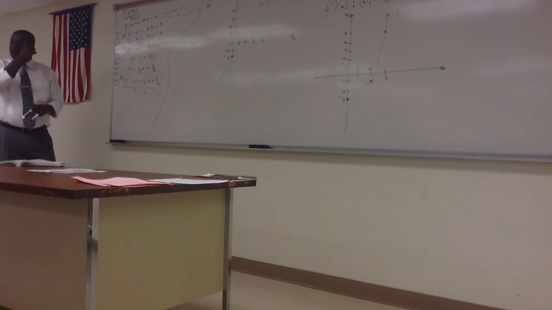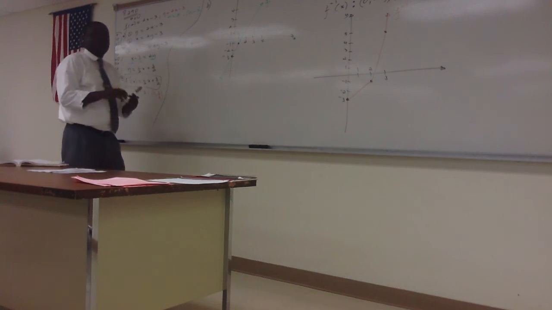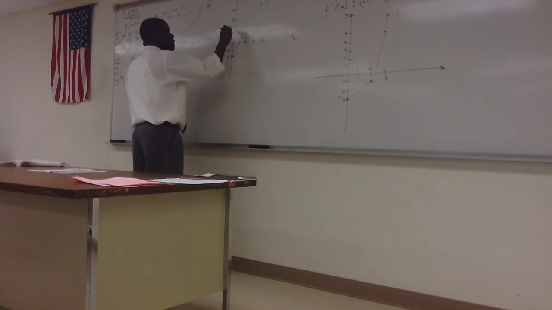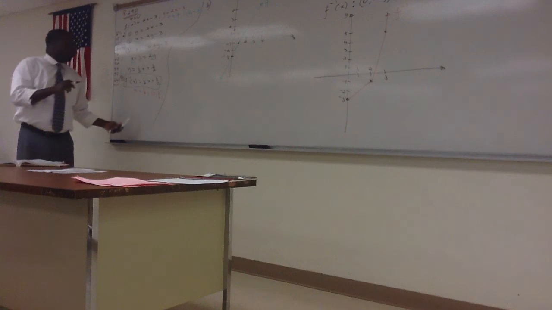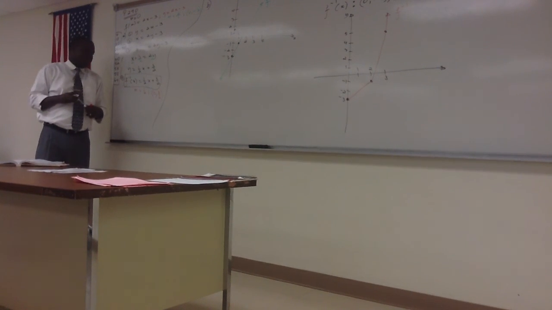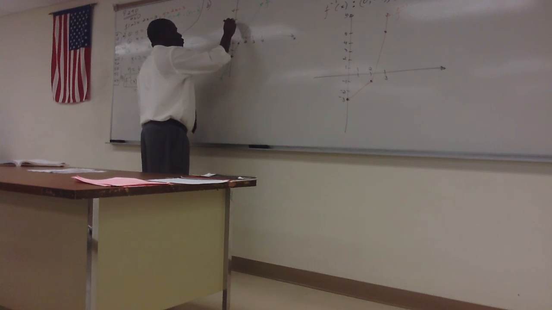Next, we're going to graph the inverse. 0, 3/2, which is 1.5. So it's going to be here. That's the y-intercept. The slope being positive, do you go up or down? Up. How many units? 1. You go up 1 unit and over how many? 2.